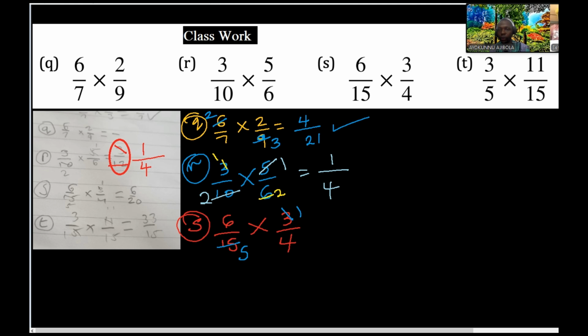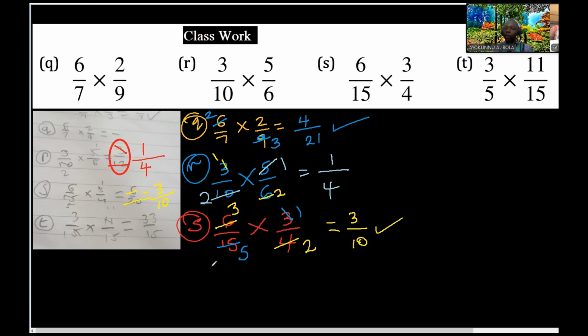That number should be 2, okay? 2 here, 2, and 2 here, 3, right? So what number remains at the top? 3 times 1, which is 3, and 5 times 2, which is 10. So you can as well reduce these.